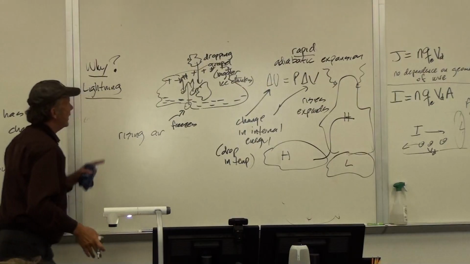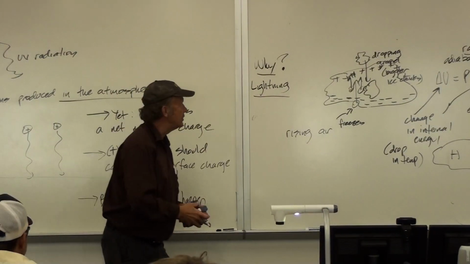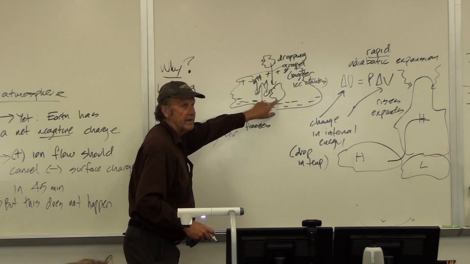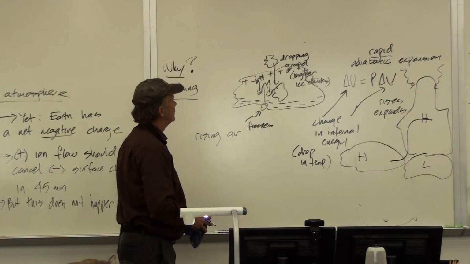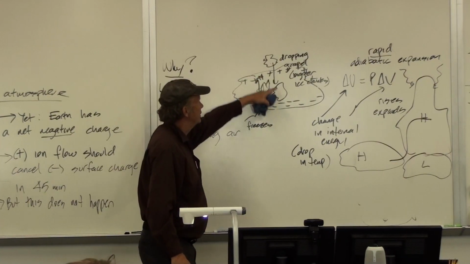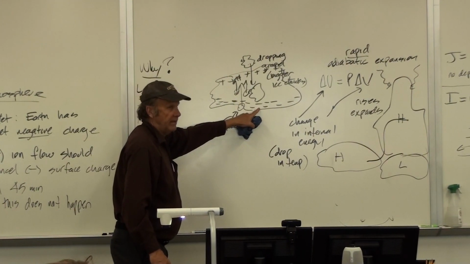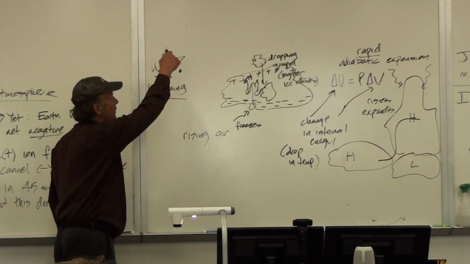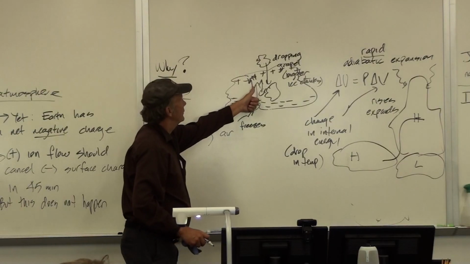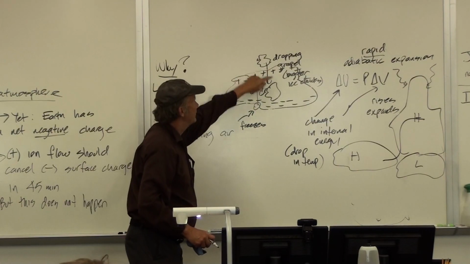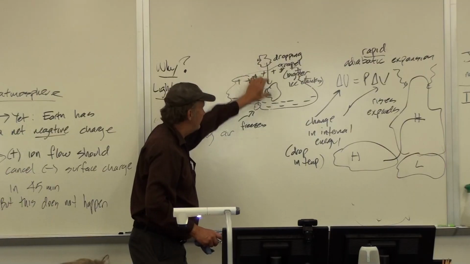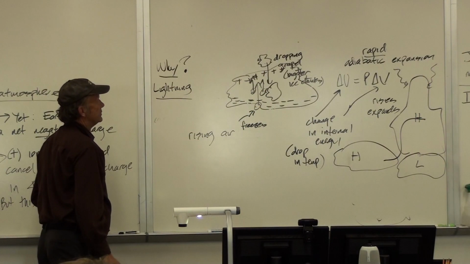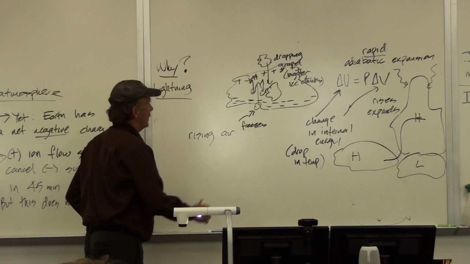So this is caused by the ice crystals, we think, rubbing against each other, and the graupel then tends to grab more electrons, and then that's deposited to the bottom of the cloud because the graupel is more dense, so it tends to sink, and the ice crystals are being pushed upward by the air. But the weight eventually gets to the point where the gravity forces dominate, and so that's how the negative charge is deposited to the bottom of the cloud.